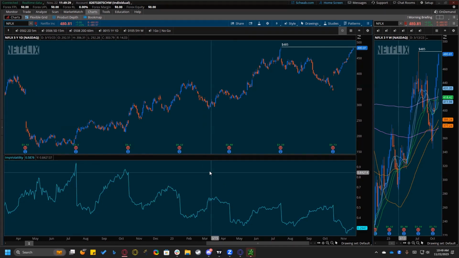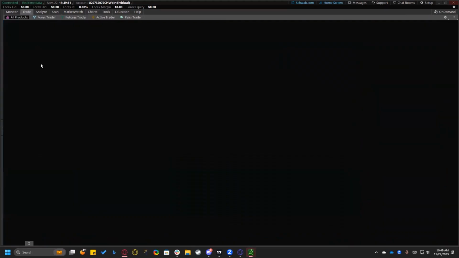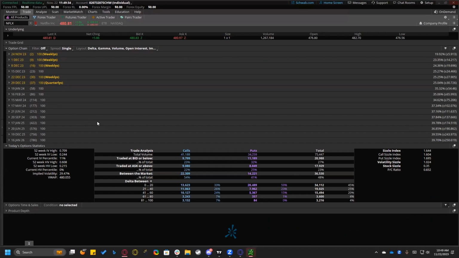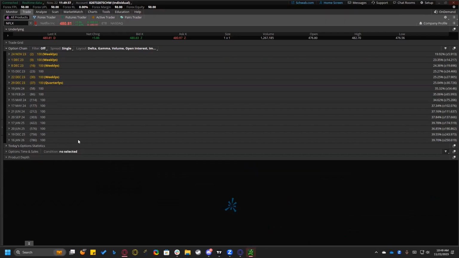So let's go and look at a real options chain rather than just looking at the chart, and discuss where we can see this IV rising up, and then discuss how we can measure that rise and even measure what kind of crush we're going to see.